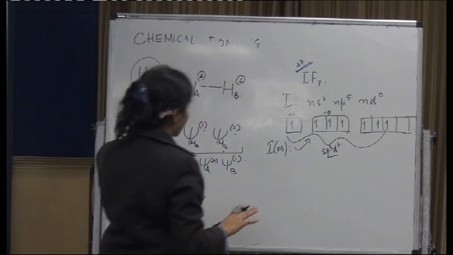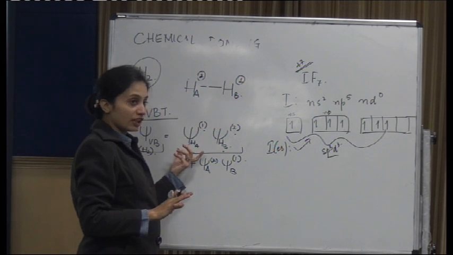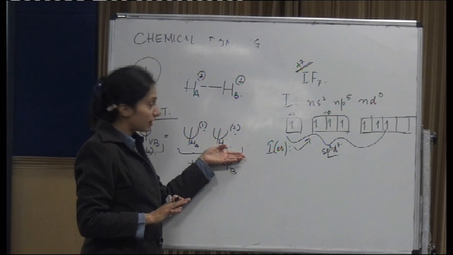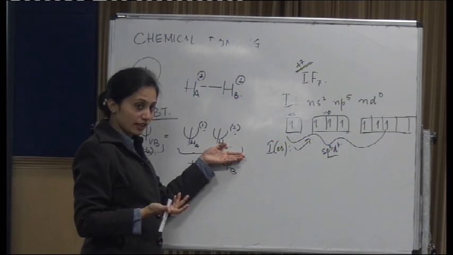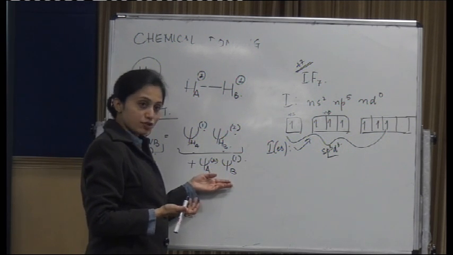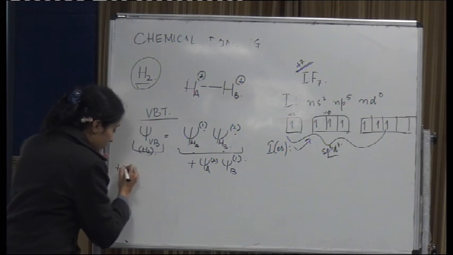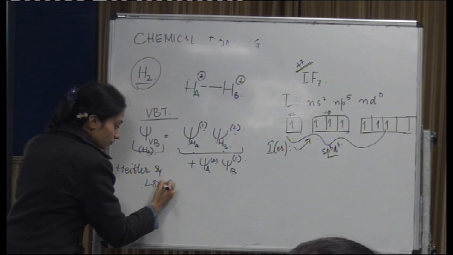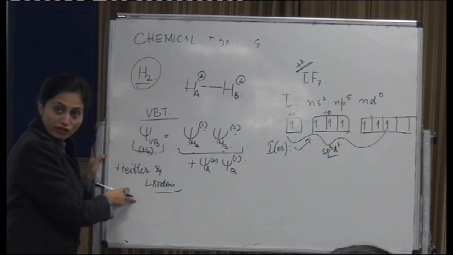Now second, actually valence bond treatment initially was given like this. But then this could not give you correct results. So this was a modification which was brought about by Heitler and London. And you must have done these names only for your valence bond treatment, Heitler and London approach.